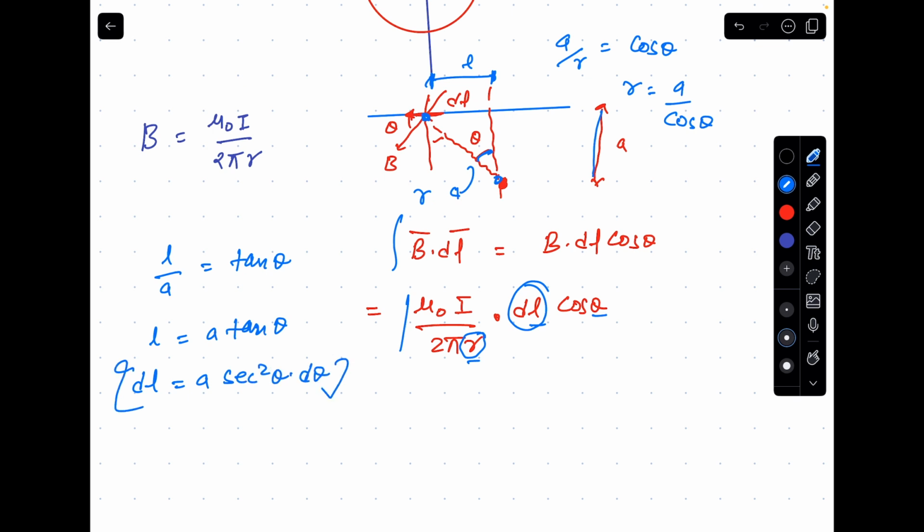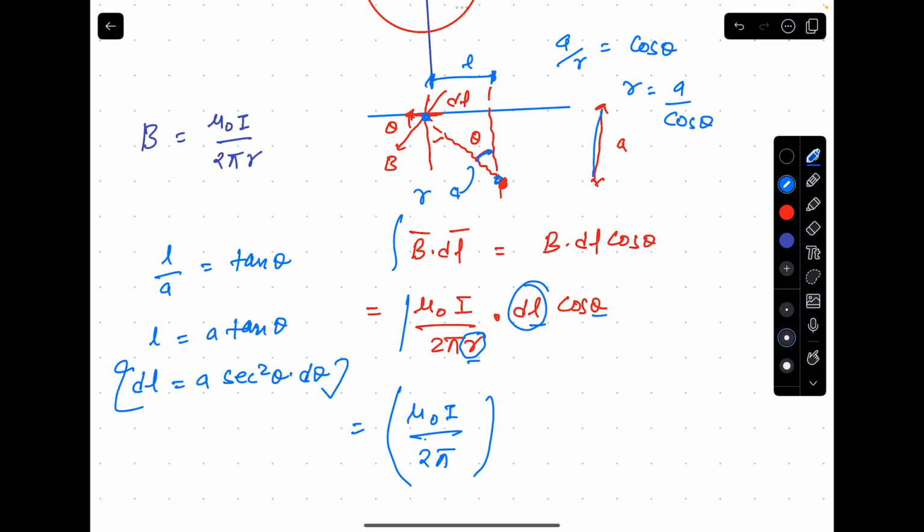I got the dl. Did I get the r? Yes, that is a divided by cos theta. So let us place all of these values. I have mu naught I divided by 2 pi, which is just a constant.